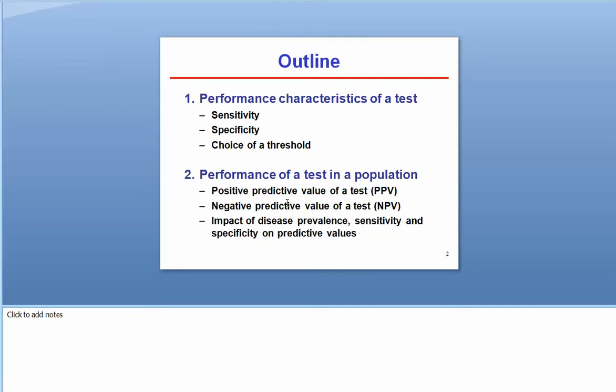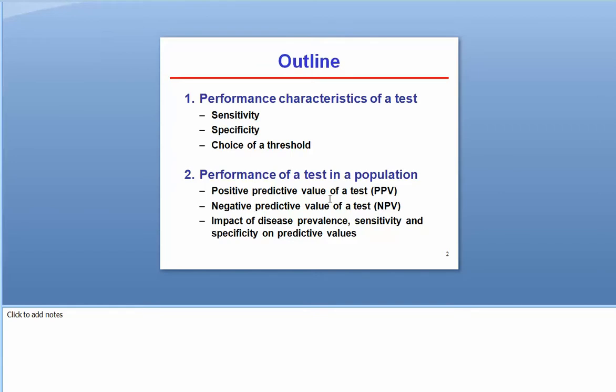Something like TB has a test for TB. From a public health point of view, it's important to know whether that test is really detecting true TB patients and rejecting patients who do not have TB. So stuff like that is also important. The performance of a test matters even when you talk in terms of an entire population or a community.